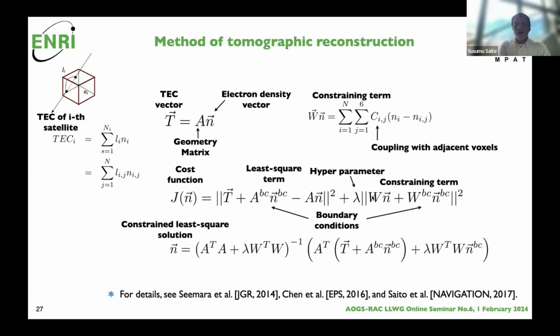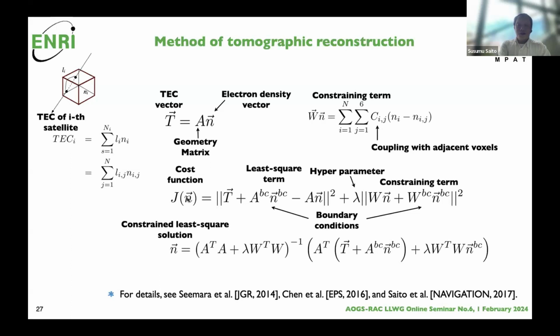And this weight function W consists of a parameter which defines how similar the adjacent electron densities are.